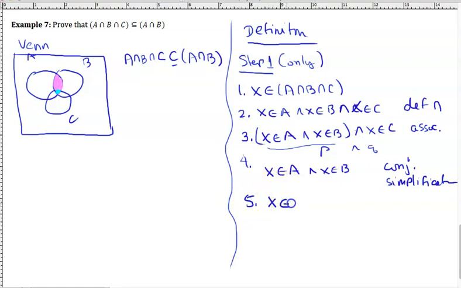This means X is a member of A intersect B by the definition of intersection. So this proves that problem. I start with X, an arbitrary member of this set, and I ended up with X having to be a member of A and B. So this first set has to be a subset of the second set. All right, that's it.